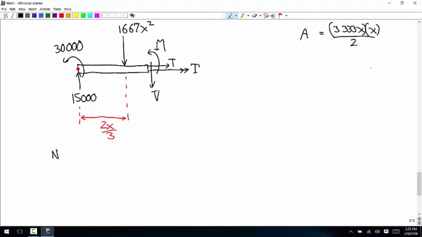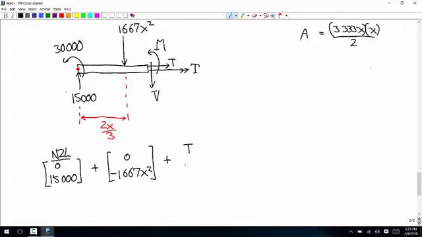Okay, so Newton's second law says 0 = 15,000 + 0 − 1667x² + t − v = 0.